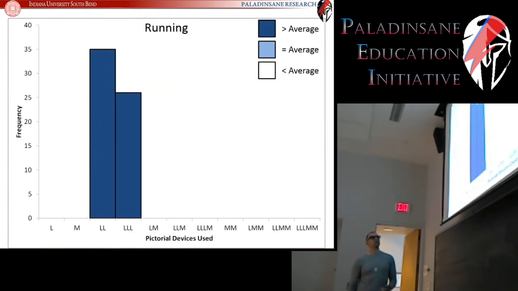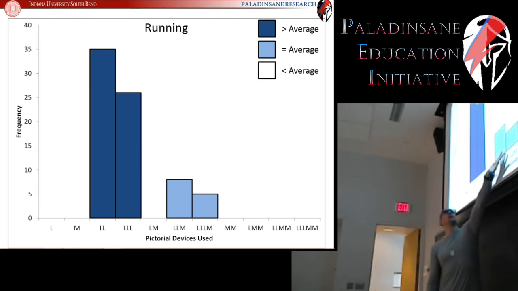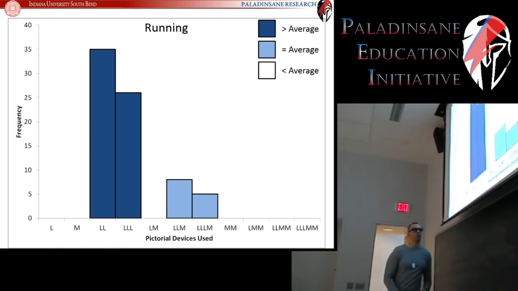Well, those were used at about average. So two literal and one metaphorical, three literal and one metaphorical. Artists did use this information, not as much as the ones without metaphors, but at an average amount. So they weren't actively avoiding it.